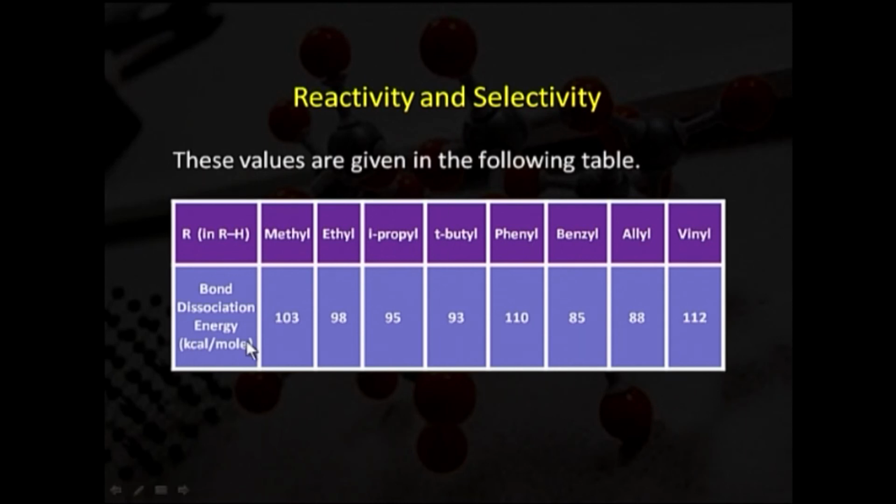This is the bond dissociation energy in kilocalories per mole, and for methyl, ethyl, isopropyl and tertiary butyl we are seeing a downfall: methyl has 103, ethyl 98, isopropyl 95 and tertiary butyl 93 kilocalories per mole. That is a little idea about the bond dissociation energy as used in alkanes.